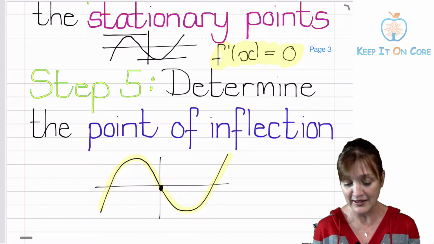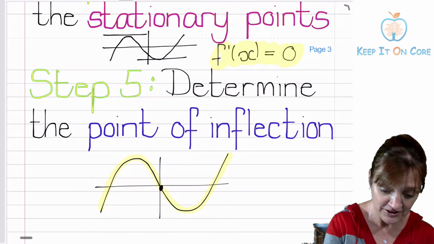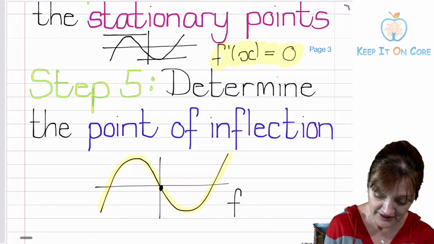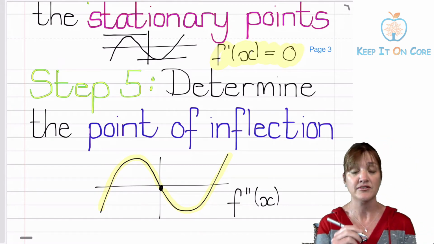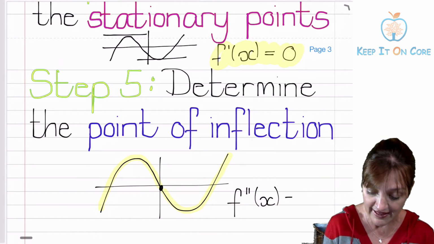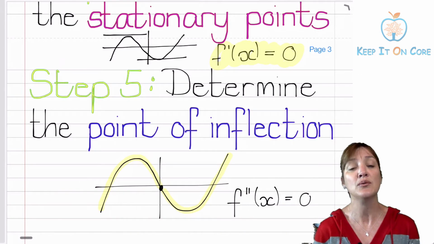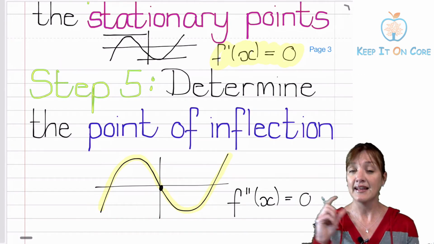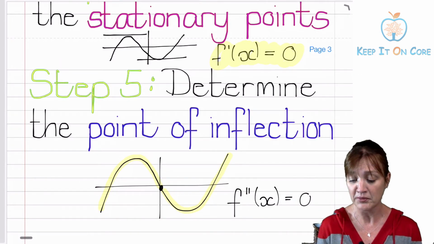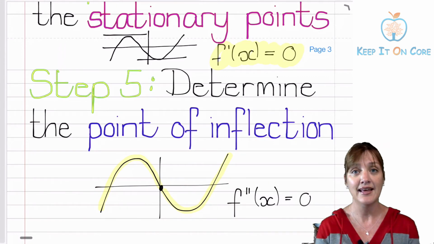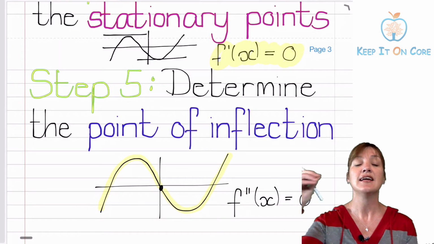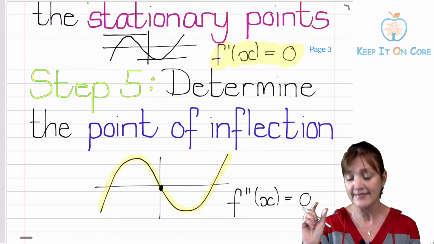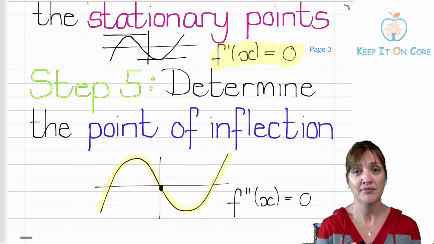The way we calculate the point of inflection is we work out our second derivative, basically the derivative of the derivative, and make that equal to 0. Again, that gives you the x value of the point of inflection. You then sub that x value back into the original equation, and out will come the y coordinate, and there's your point of inflection.